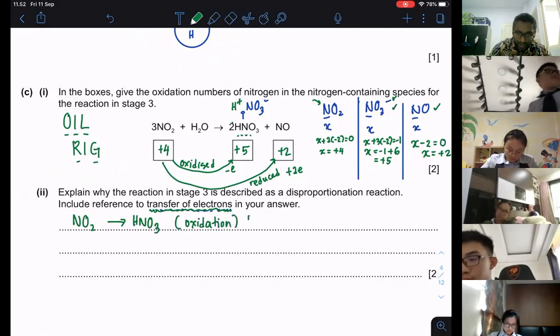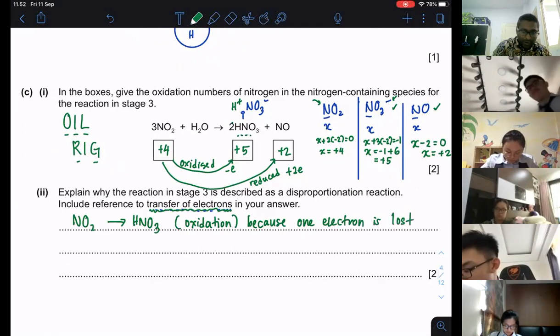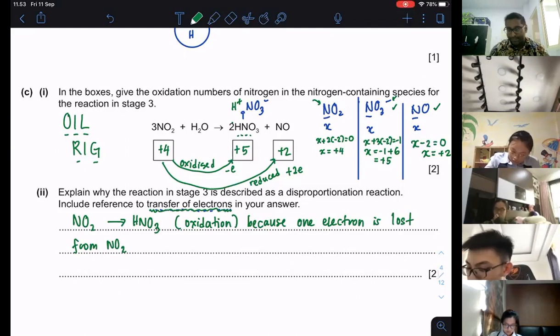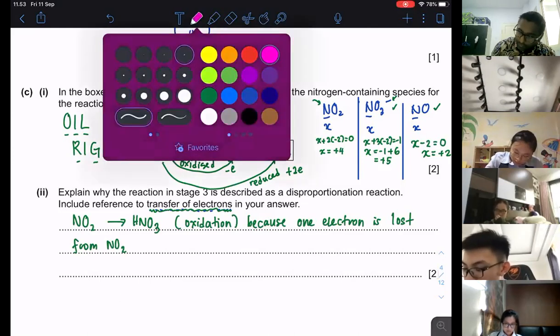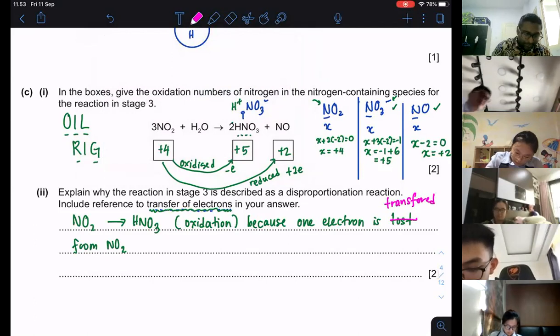Because one electron is lost from NO2. You just put one electron is lost from NO2, or you can say one electron is transferred from NO2 to HNO3.